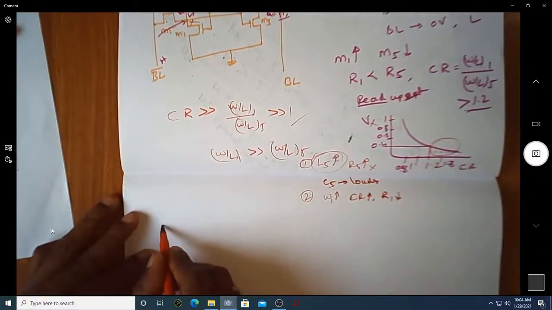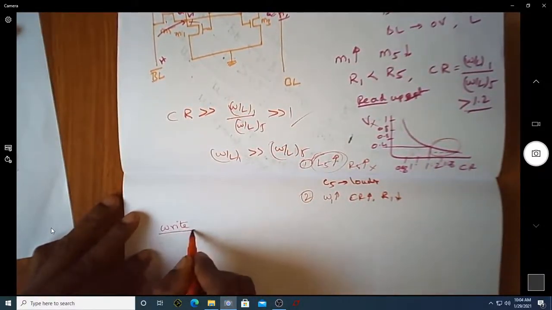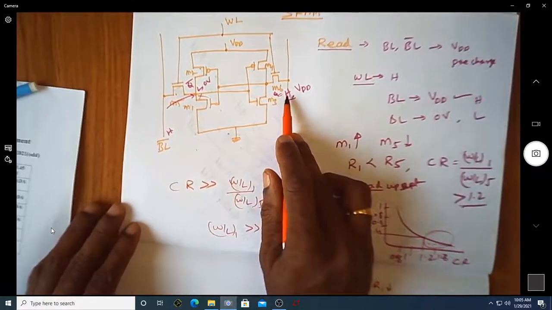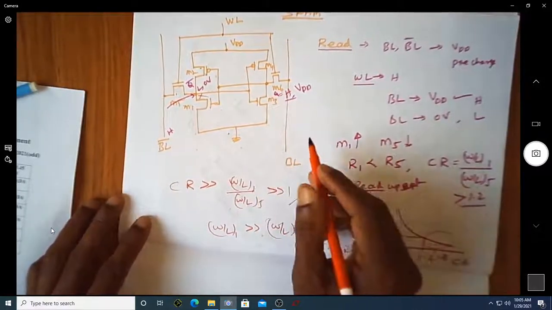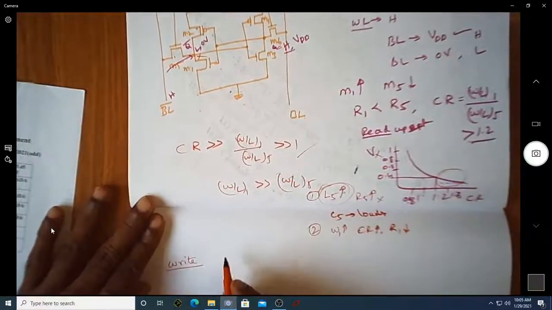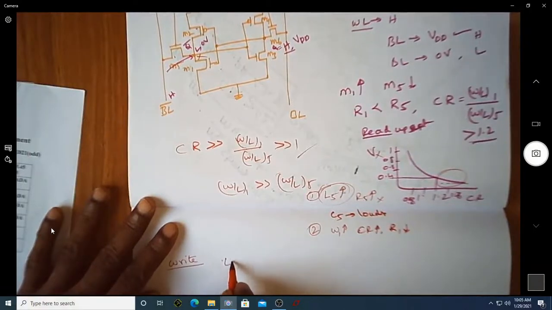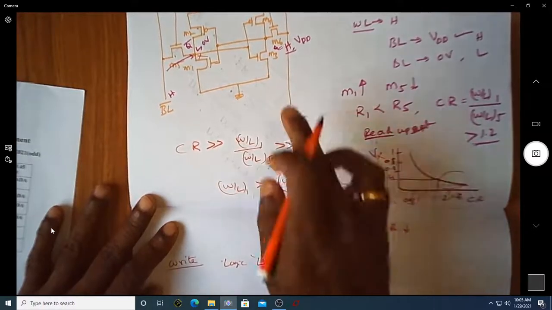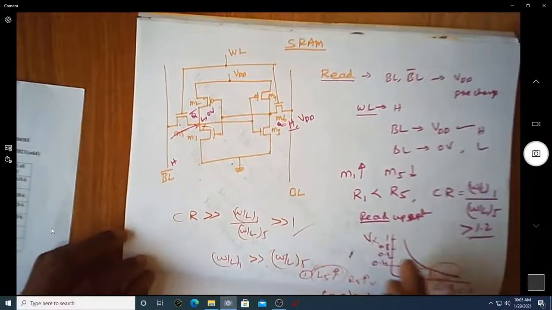Next, let us see how we write the value onto this particular bit. Since we have assumed the value of high is already stored in this, let us try to write a logic low, that is 0 volt, onto this particular SRAM.